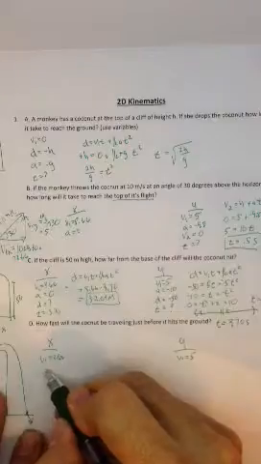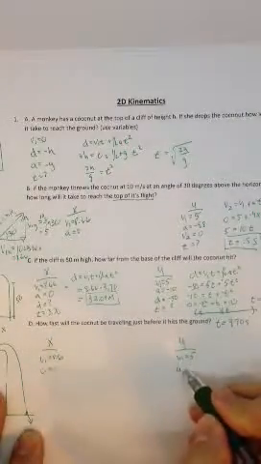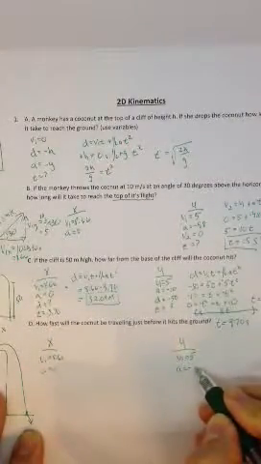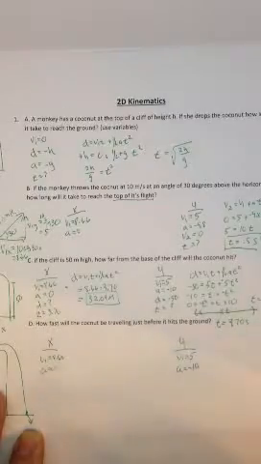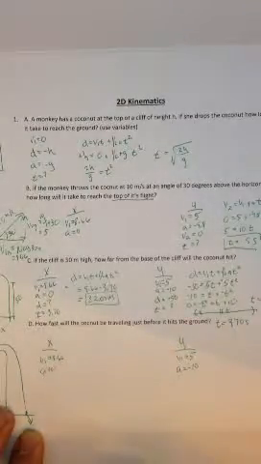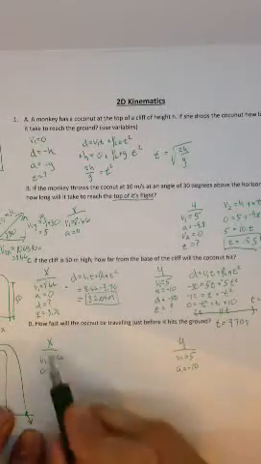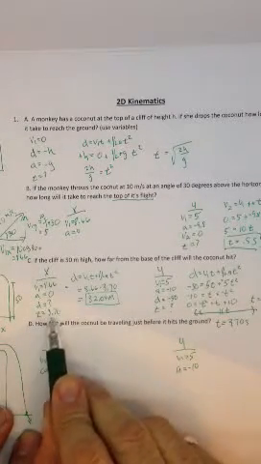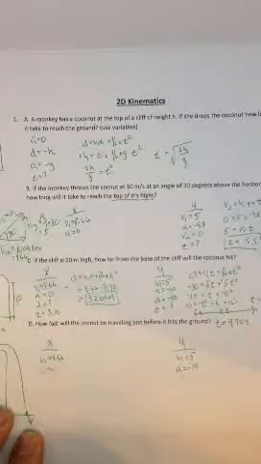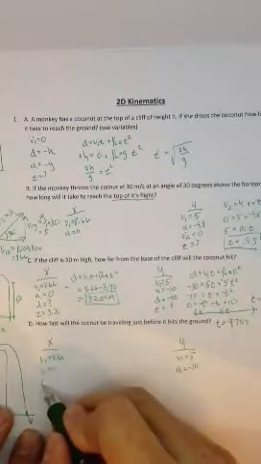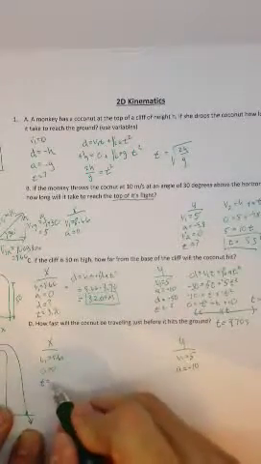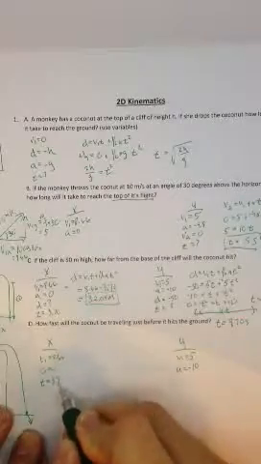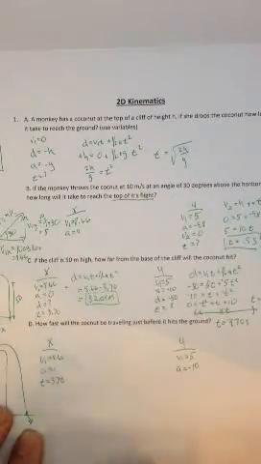I know that a is always 0 on that side, a is always negative 10 on this side. And this time, I could put in the numbers that I'd found out, right? I could put in the distance that I solved for there, and I could put in the time, but I want the fewest things possible, so I'm only going to put in the ones that I know first.